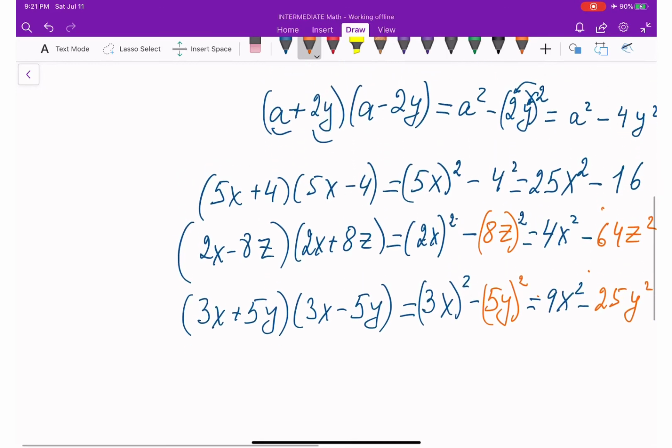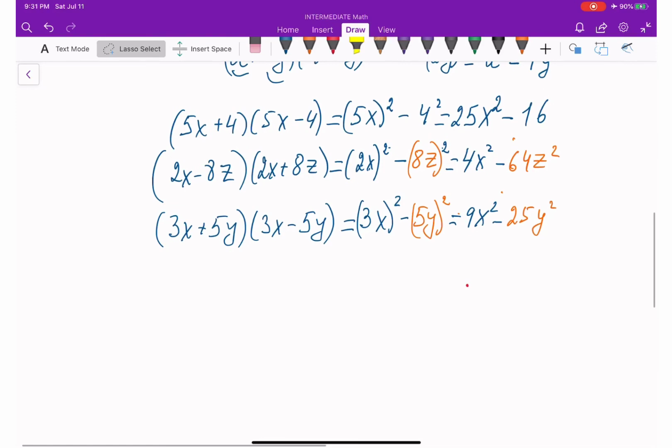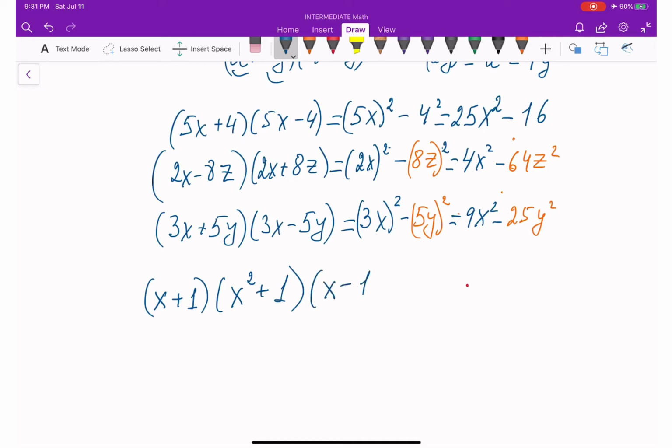All right. Let's do another one. Advanced case. X plus 1, x squared plus 1, x minus 1. Okay, let's see how we're going to use the formula here, a squared minus b squared.